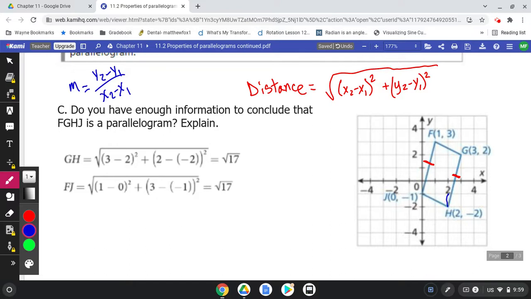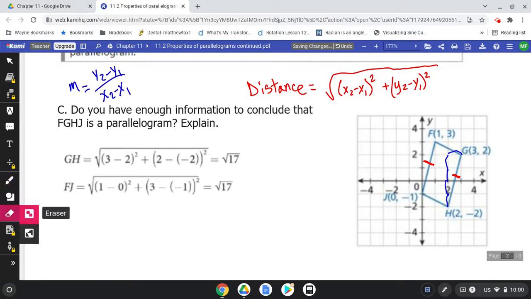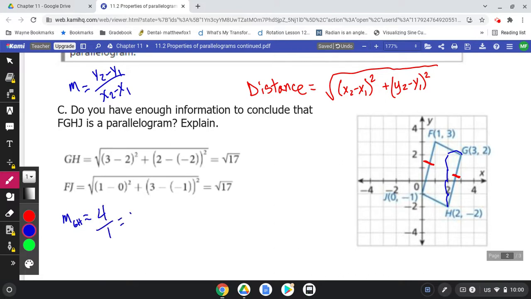So right here, if we start at H, up 1, 2, 3, 4, that's our rise. Run is 1. So the slope of, oops, I was pushing a button I didn't want to push. Let me erase that quick. The slope of GH equals, we said, up 4 over 1. So that's 4.